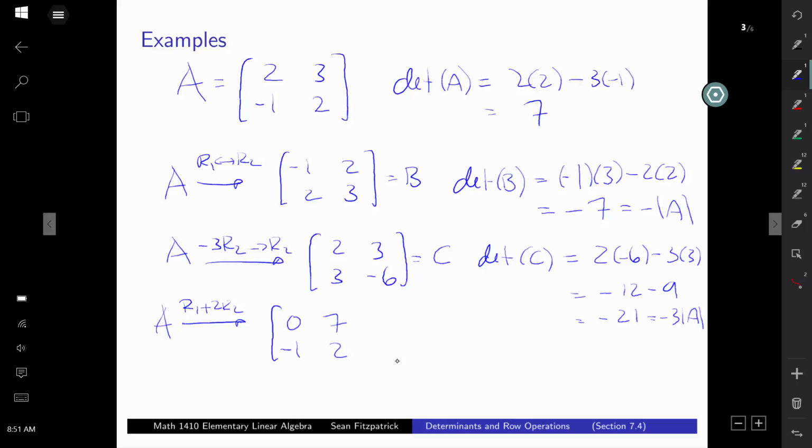Then minus 1, 2. Call that D. The determinant of D is 0 times 2 minus 7 times minus 1, which is 7, which is the same as the determinant of A. So we see that that row operation has no effect on the value of the determinant.